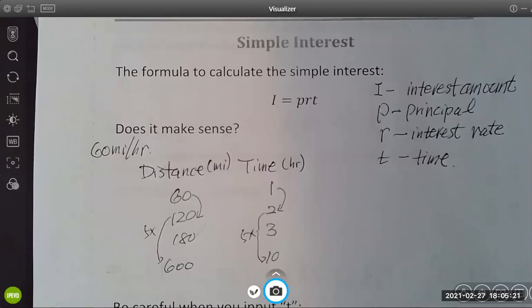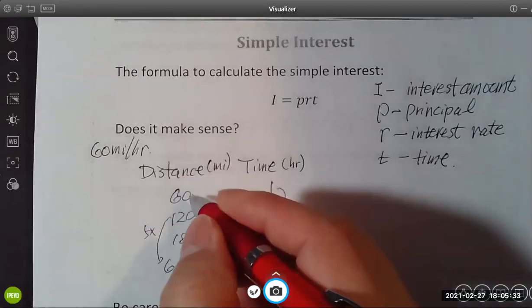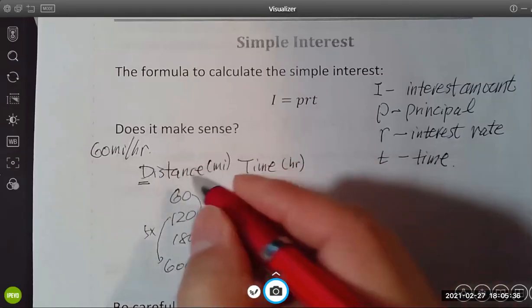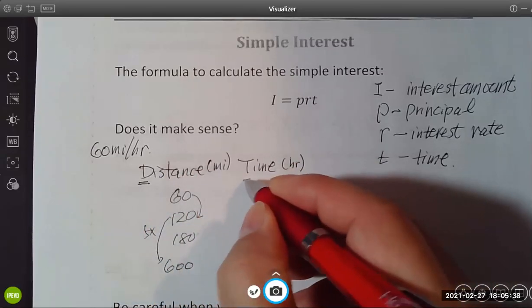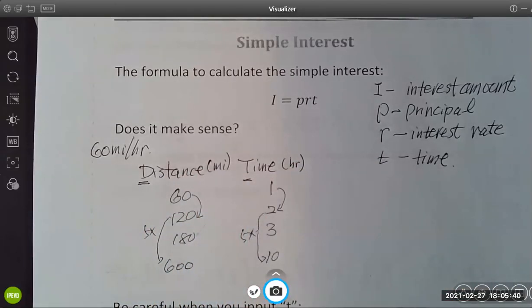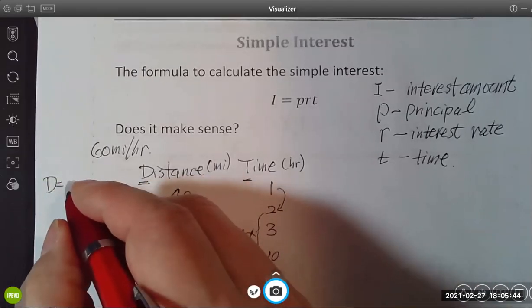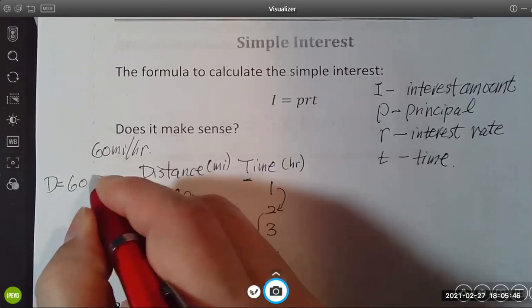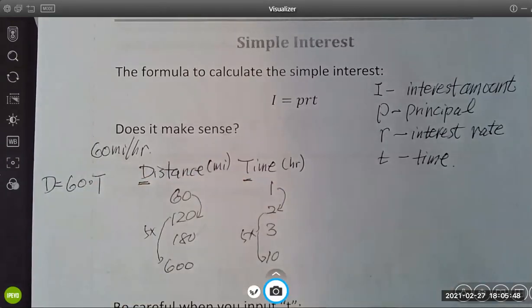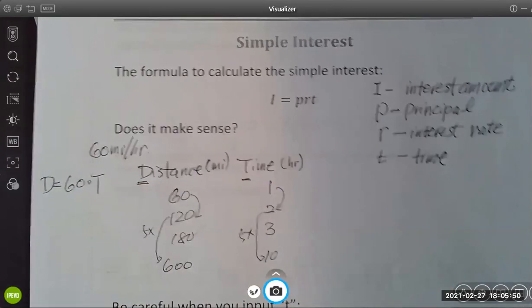And how do we represent that? That is a proportion relation. And everybody learned the distance, speed, and time formula, probably in elementary school. So if I use D to represent distance in miles and T to represent the time in hours, the formula becomes this: distance equals 60 times T. Let's double check.